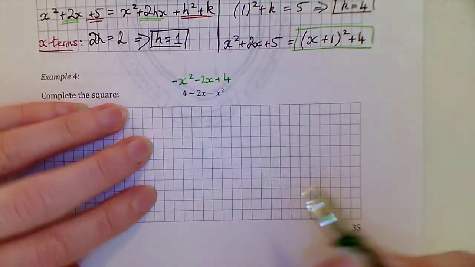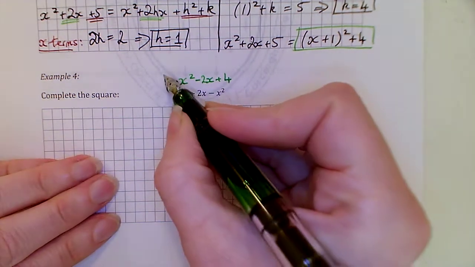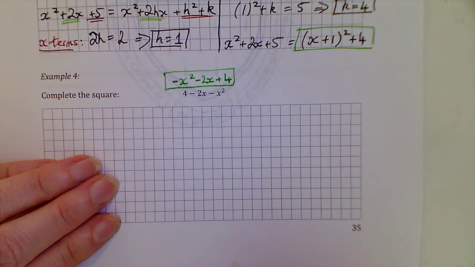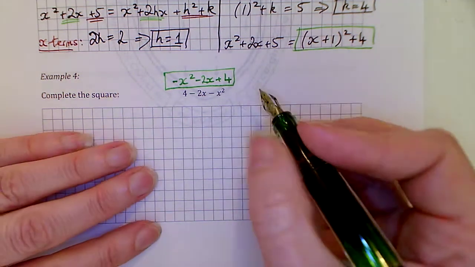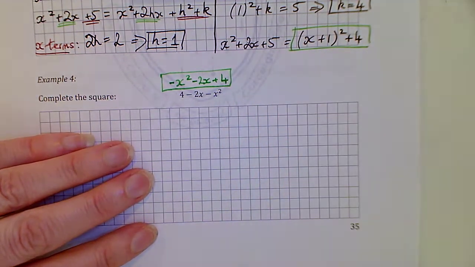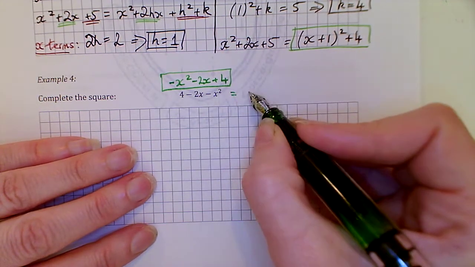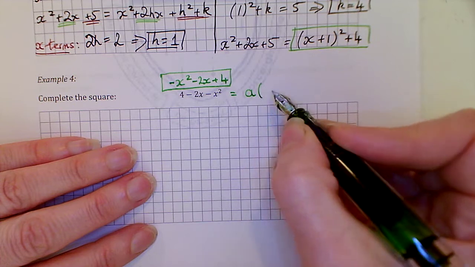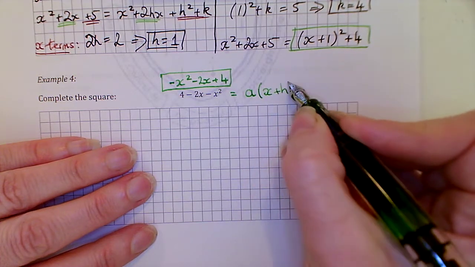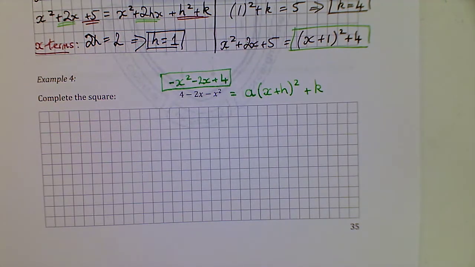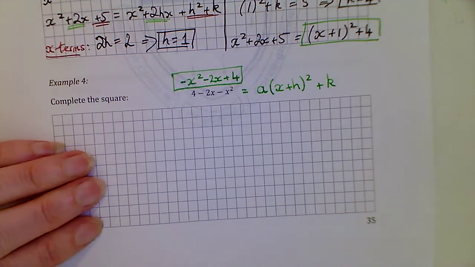And I like to write them like this because we're used to having x squared first, then the x term, and then the constant. So rather than writing this in the form x plus h squared plus k, we're going to write it in the form a times x plus h squared plus k. And there's something that we can just take as fact.